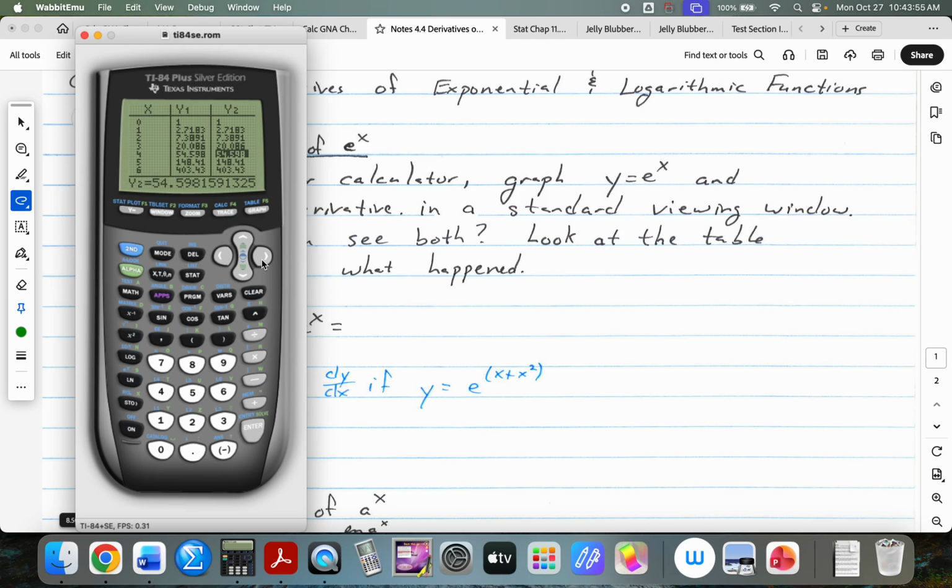Now remember that the derivative feature on here is estimating the derivative. It is never completely exact. But we can go down quite a ways, and again, those are to at least a couple of decimal places exactly the same.